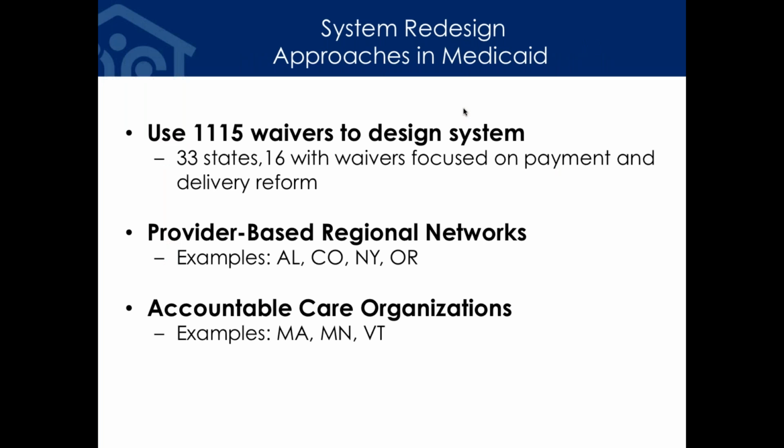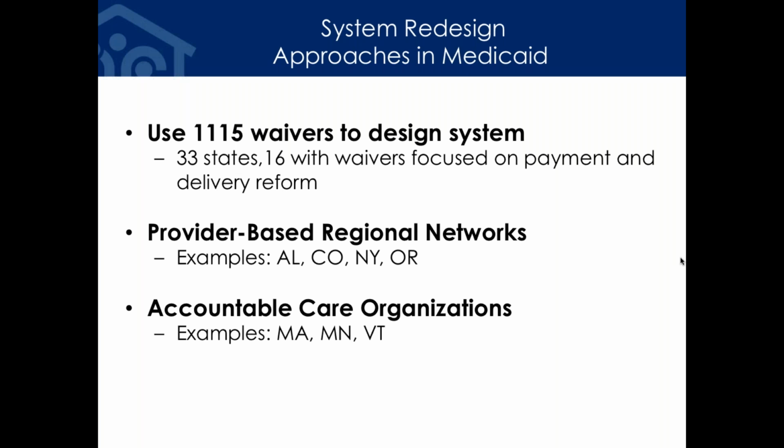As we talked about, states can change how their Medicaid system looks beyond the system flexibility that they already have, modifying some of those pieces using 1115 waivers to really design the system. And so there are 33 states that have waivers that are focused on payment and 16 that are focused on payment and delivery, with 33 1115 waivers overall.